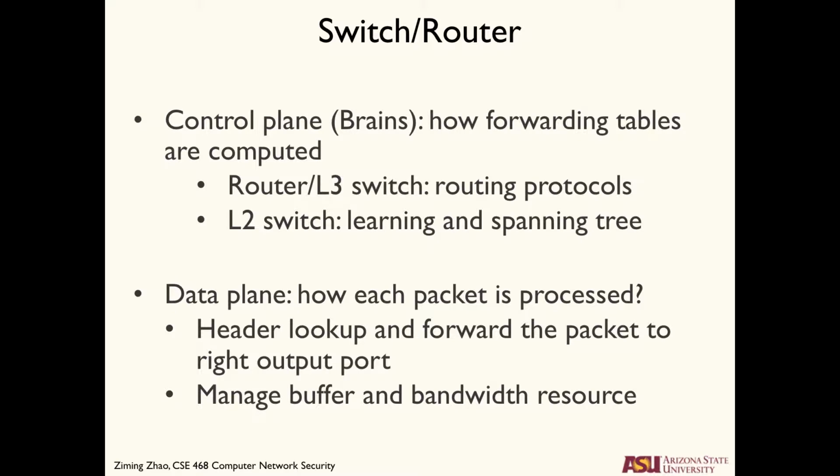For routers, it means they will use routing protocols to communicate with other routers to decide what should be filled in the routing table, and the same for L3 switches. For L2 switches, it means they will use the spanning tree protocol to learn the structure of the network and construct the switch table.